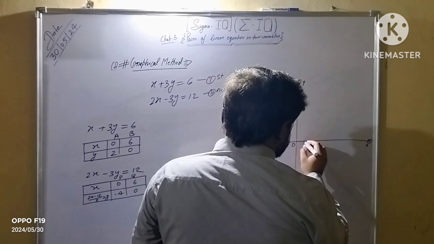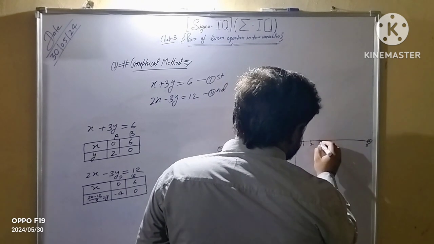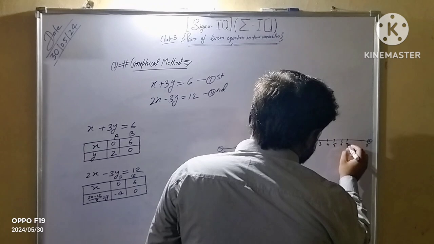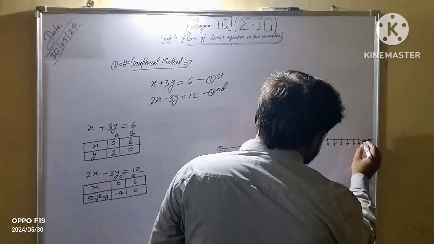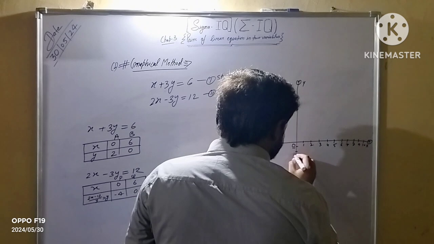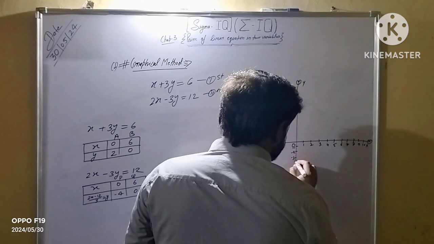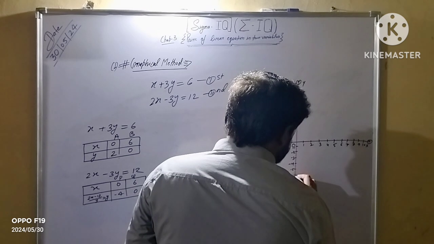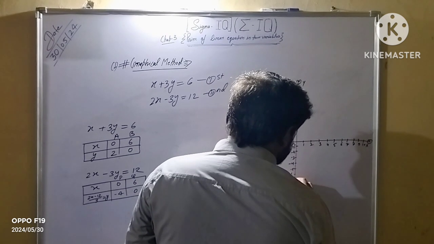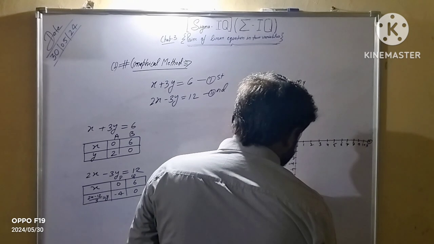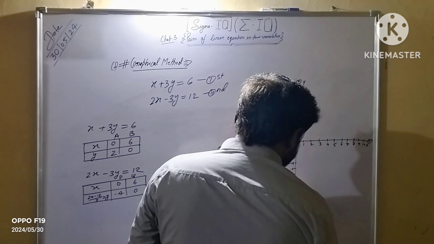Plus x direction marking plus 1, plus 2, plus 3, plus 4, plus 5, plus 6, plus 7, plus 8, plus 9, plus 10. Minus y direction minus 1, minus 2, minus 3, minus 4, minus 5, minus 6, minus 7, minus 8, minus 9, minus 10.